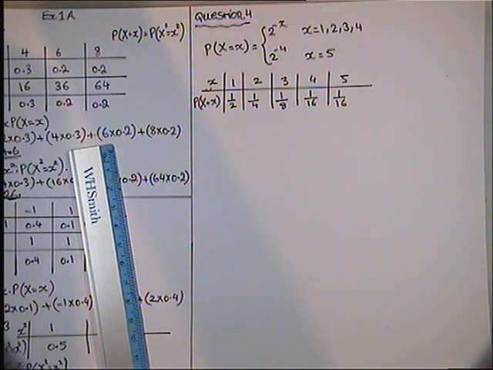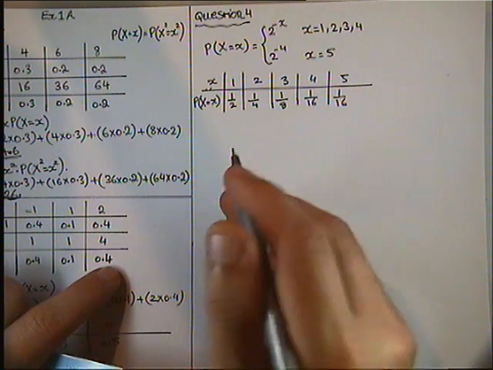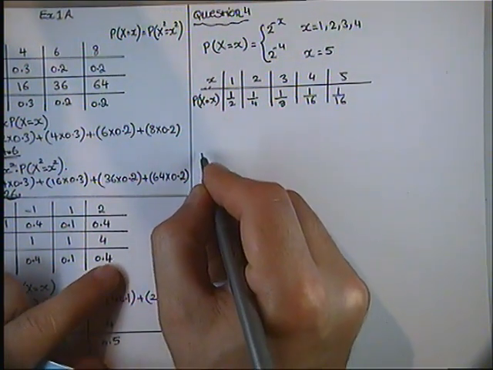Okay, so B, it says calculate E of x and E of x squared. Okay, so I leave some space. I might need to extend the table.